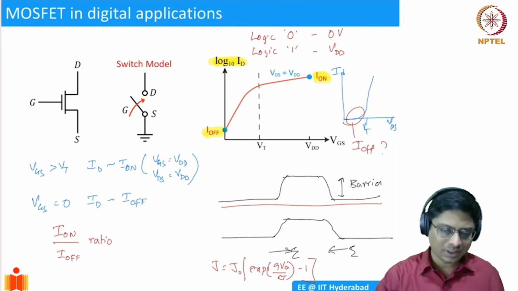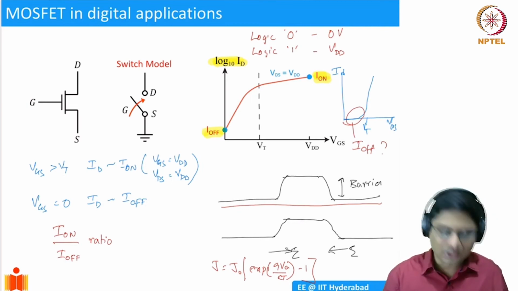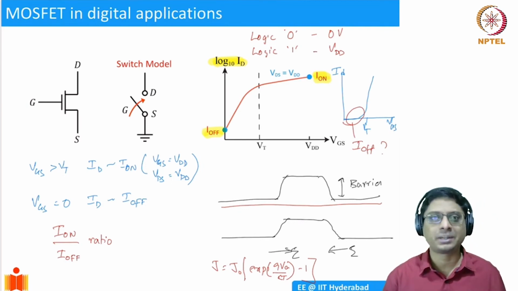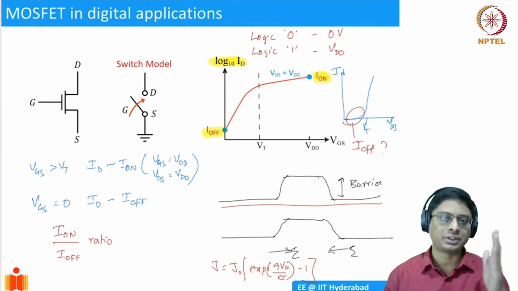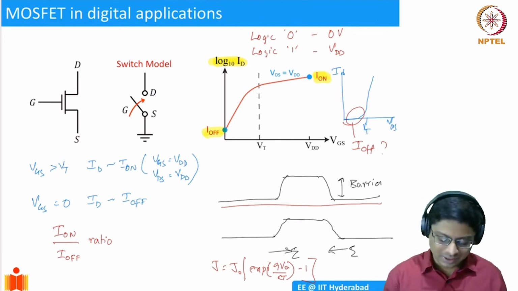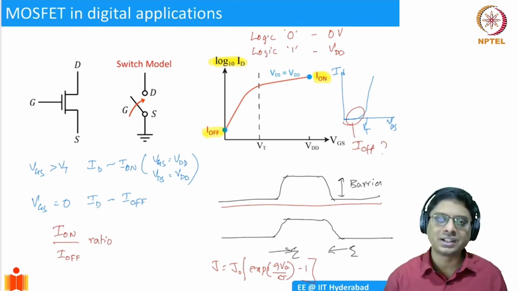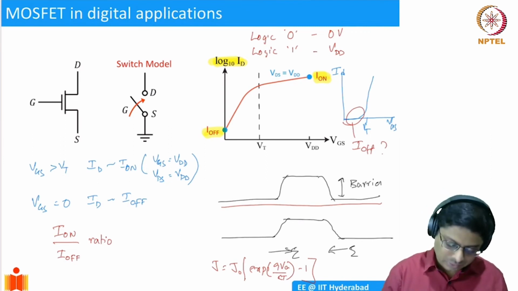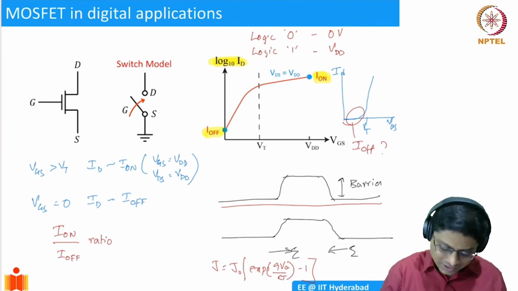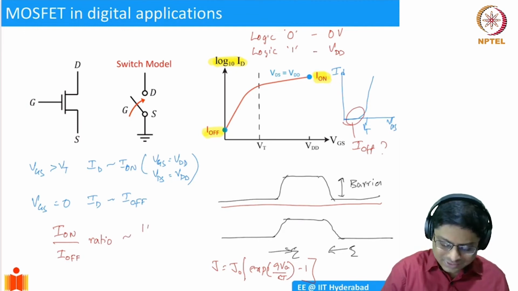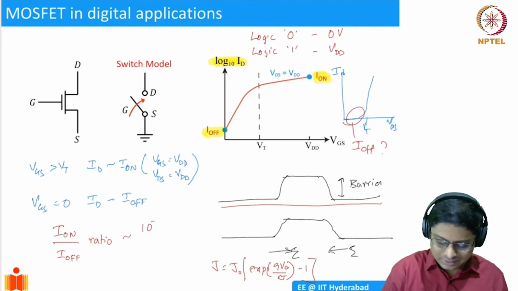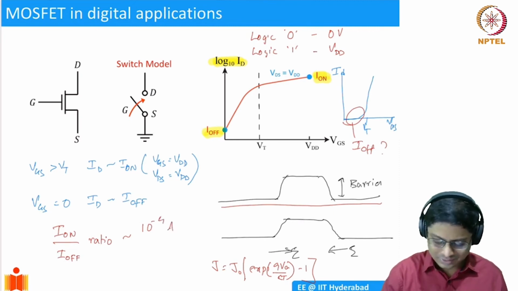And what is a typical number? This I on is going to depend on various geometrical parameters. For example, current is dependent on width, length, and so on, right? And also on how effective the channel is in controlling that. So I'll just take a typical number, let's say about 10 power minus 4 amps, 0.1 milliamps, 100 microamps, divided by, let's say, 10 power minus 10 amps.